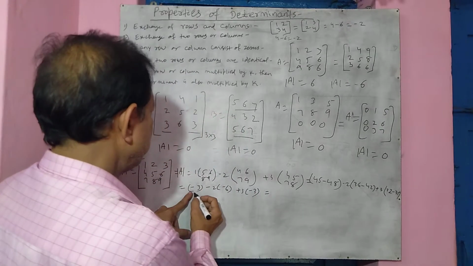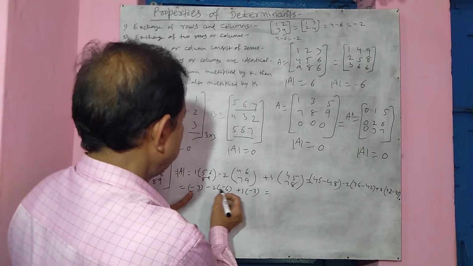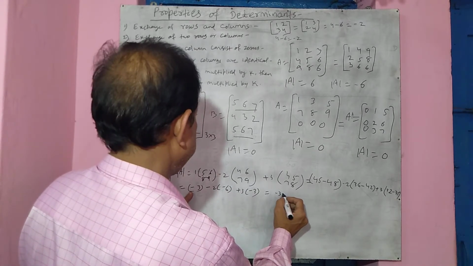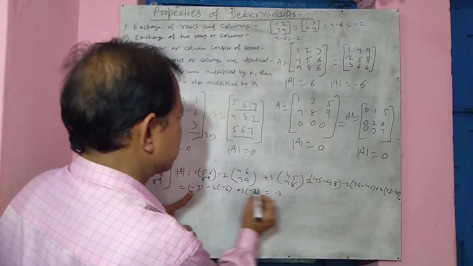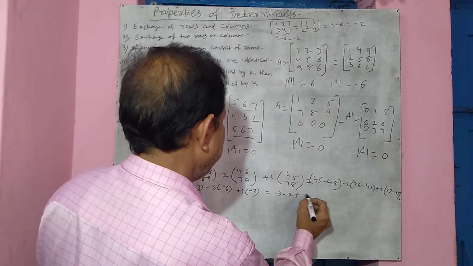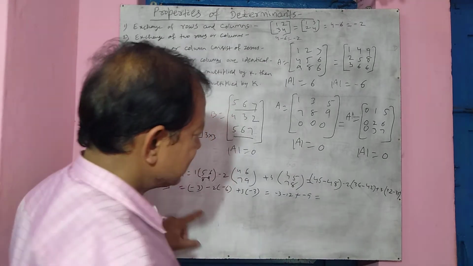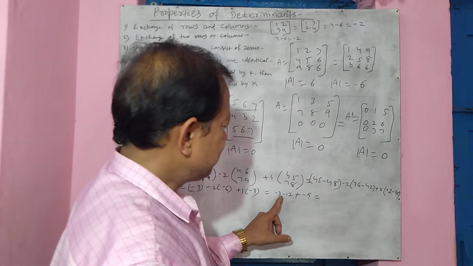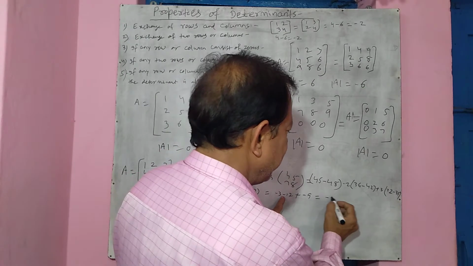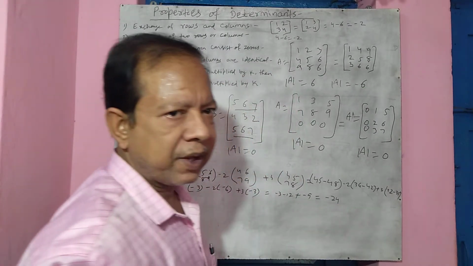That is equal to minus 3, minus 2 into minus 6, minus 12, plus minus 9. That is minus 15 minus 9. That is minus 24. Okay.